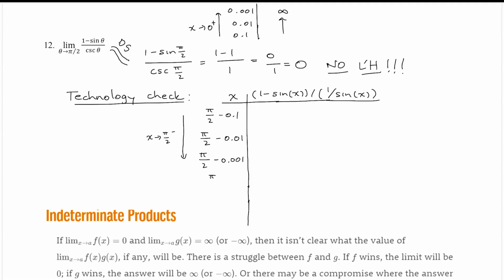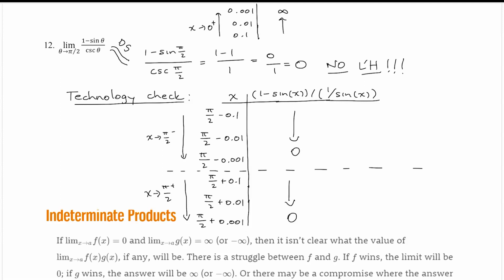That is showing x approaching pi over 2 from the left side. And you could also do pi over 2 plus 0.1, pi over 2 plus 0.01. Since pi over 2 is not an exact decimal, I'm just showing you another technique you could use. And so these are showing x approaching pi over 2 from the right side.